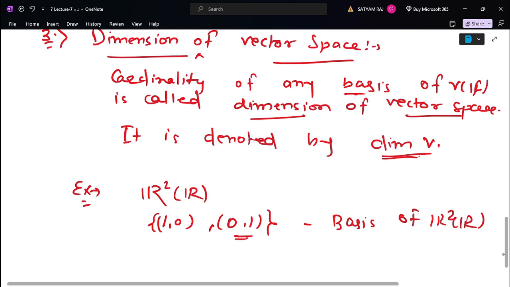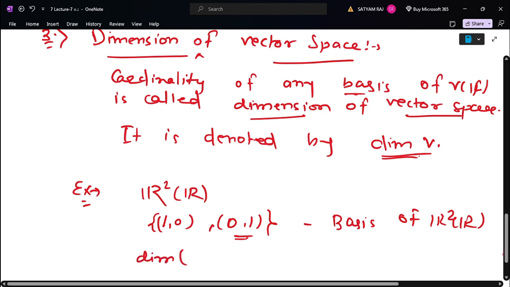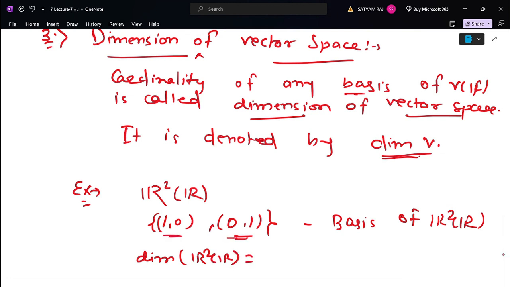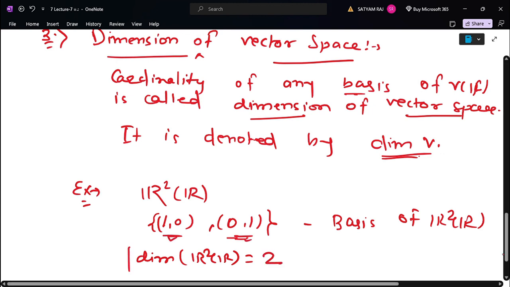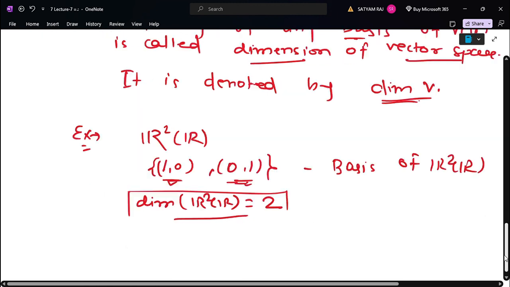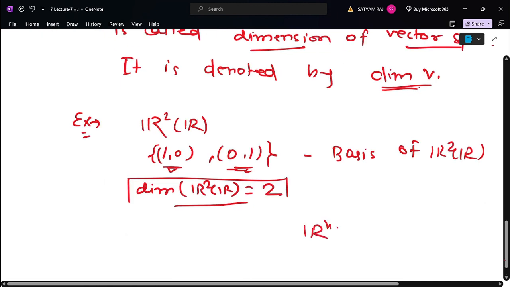So the dimension of R square over R, what will it be? The number of vectors in the basis. And how many vectors do we have? We have two vectors, so the dimension will be 2. Similarly, we can write R^n over R has dimension n.